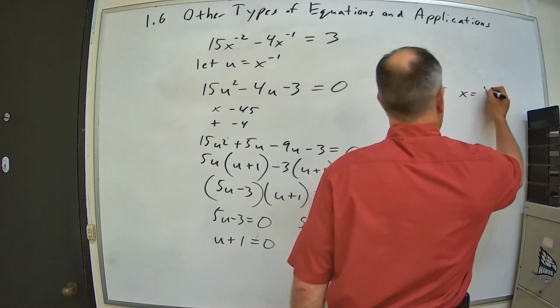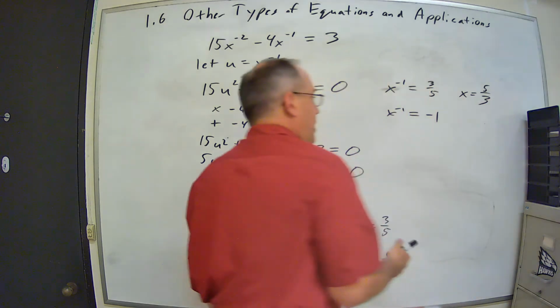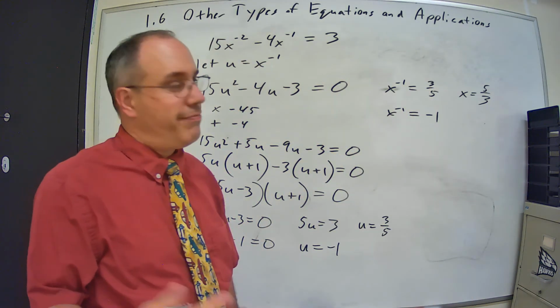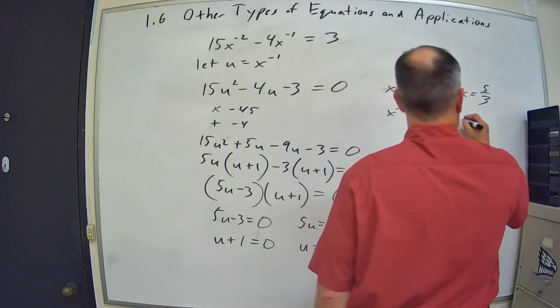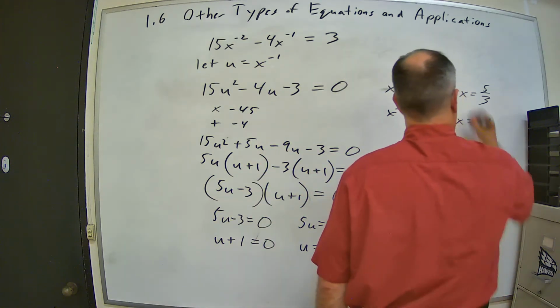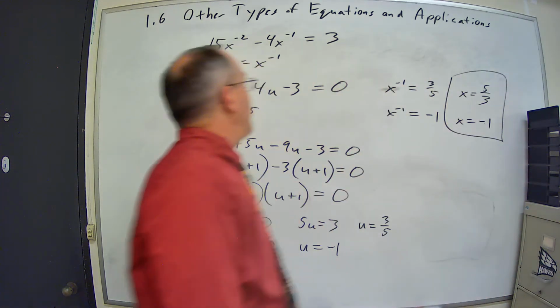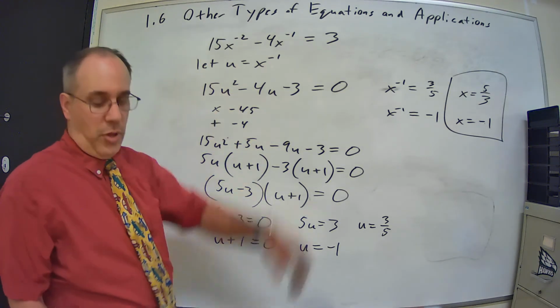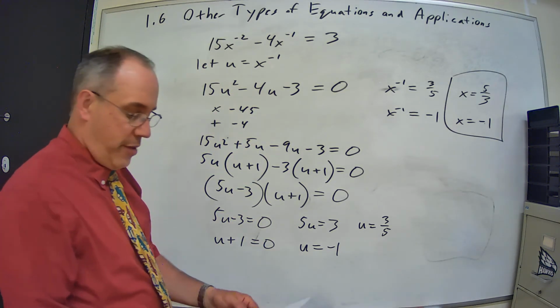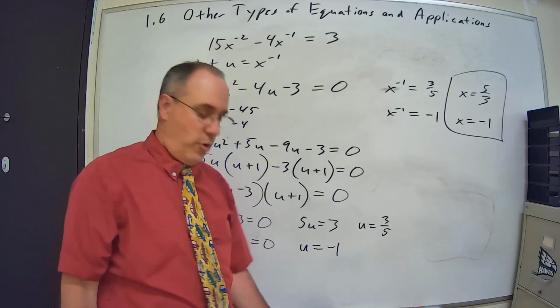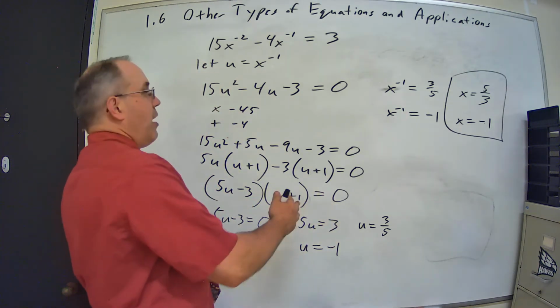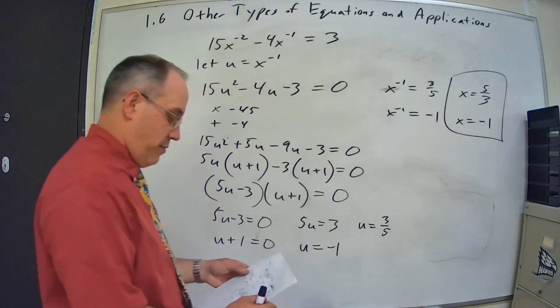So x is equal to 5/3, and x is equal to negative 1. Then it's a matter of plugging it back in and verifying that they both work. Again, I will leave that to you to verify.